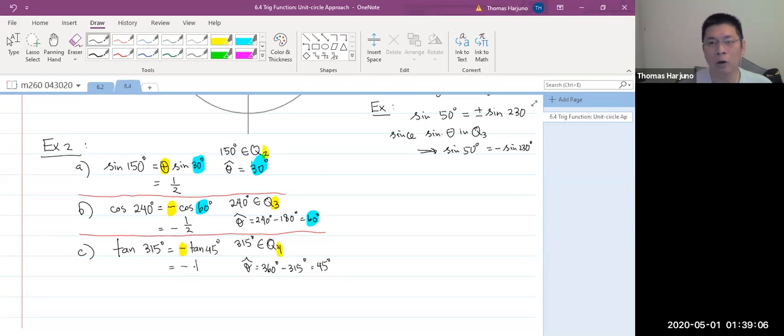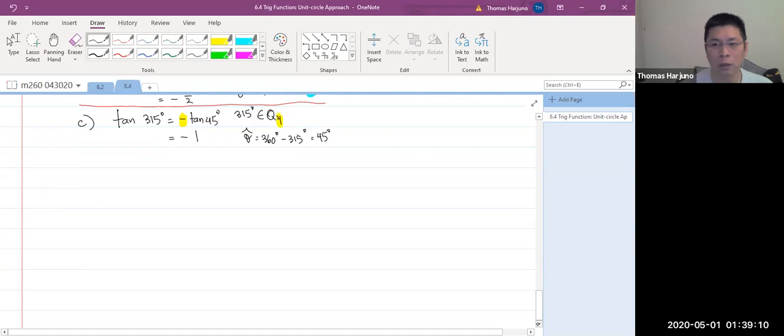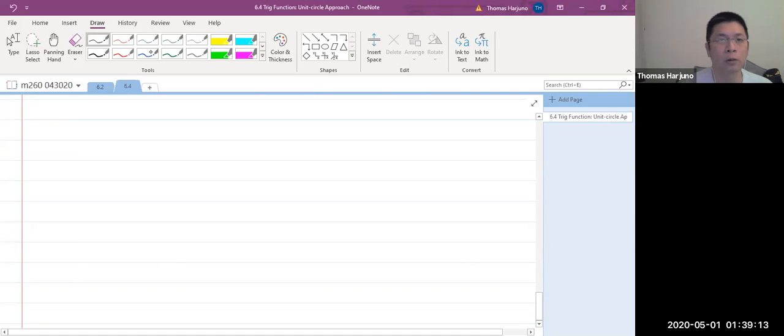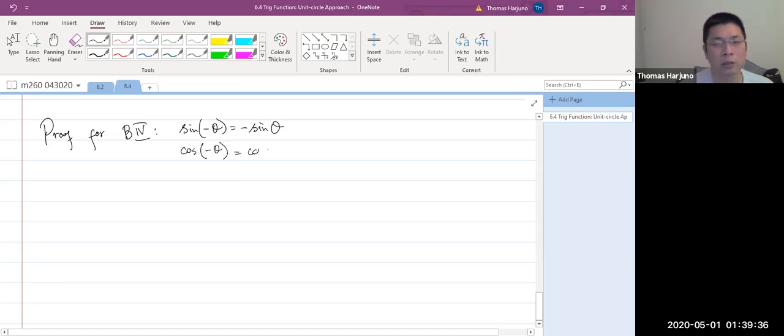Now we are ready to prove basic identity 4. Proof for B4, that is sine negative theta equals negative sine theta. Cosine negative theta is just cosine theta.